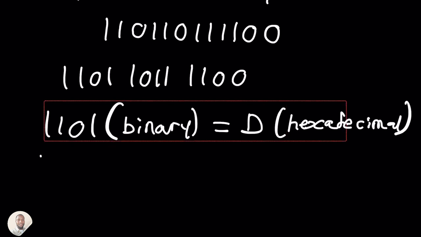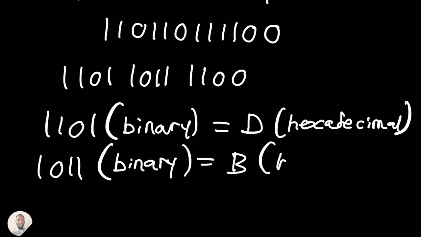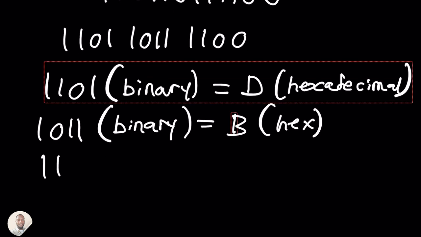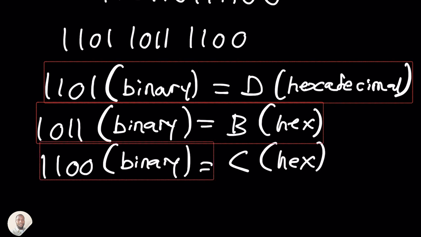Similarly, 1011, which is in binary form, represents what? B in hexadecimal. I will just shorten it in hexadecimal. And 1100, which is in binary also, represents what? The letter C in hexadecimal.